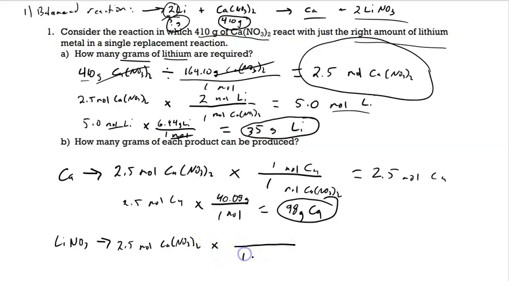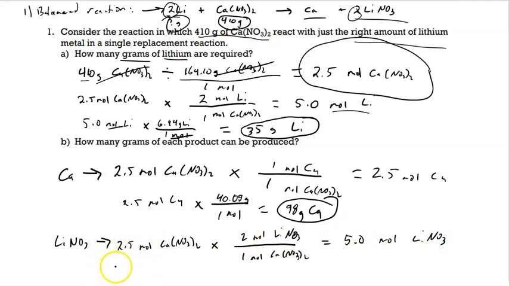So again, it's 1 mole calcium nitrate on the bottom and 2 moles lithium nitrate on the top, because the coefficient for lithium nitrate is 2.